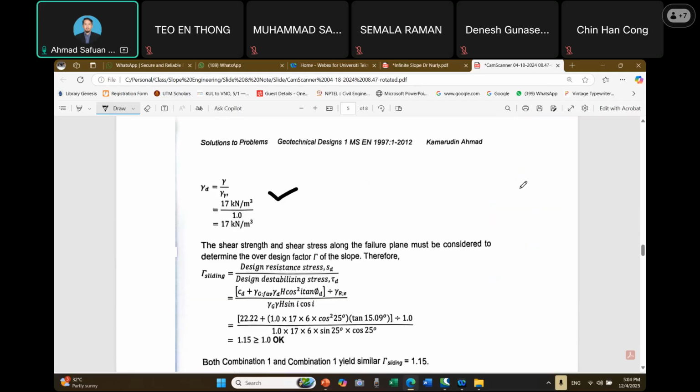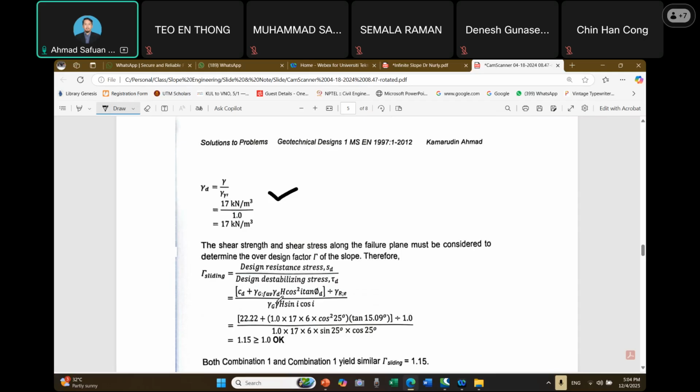Then determine the shear strength and shear stress along the failure plane, which gives the overall design factor. So for the overall design factor, 22.22 plus 1 times 17 times cos square 25 tangent 15, divided by the resistance over gamma G favorable, unfavorable is sine i cos i.